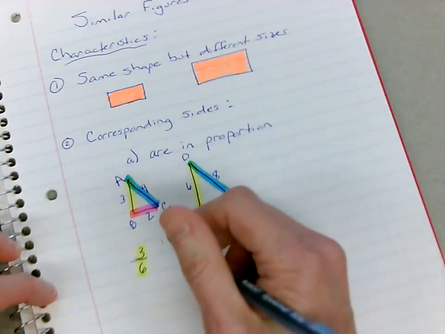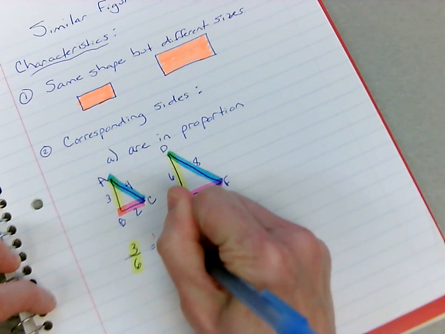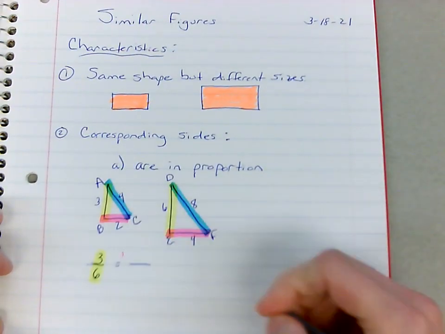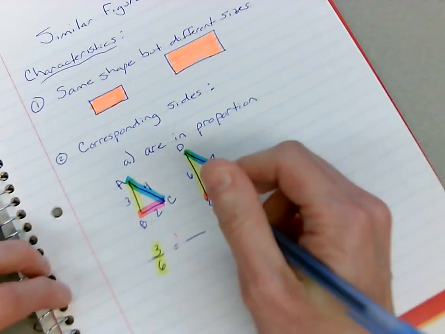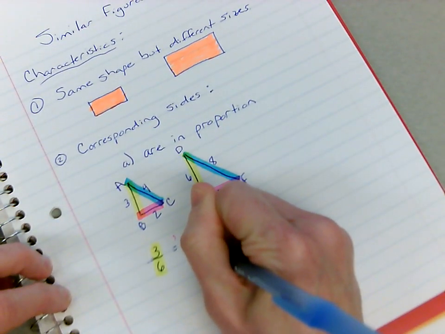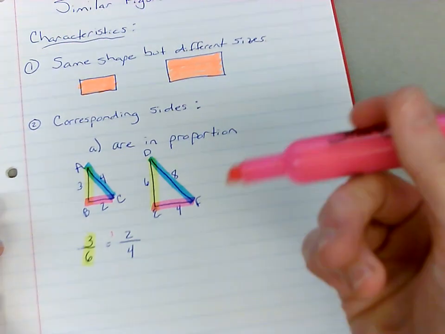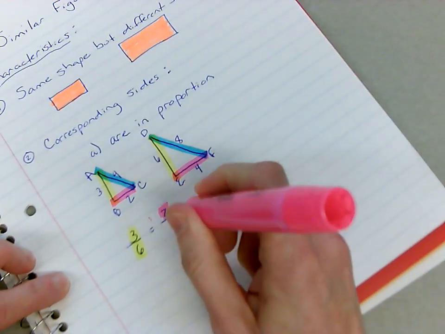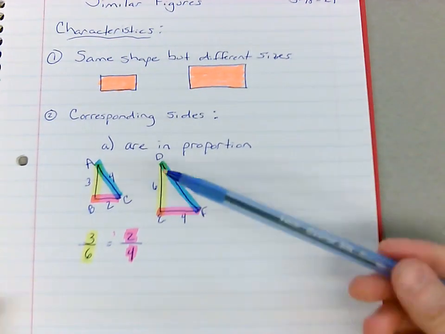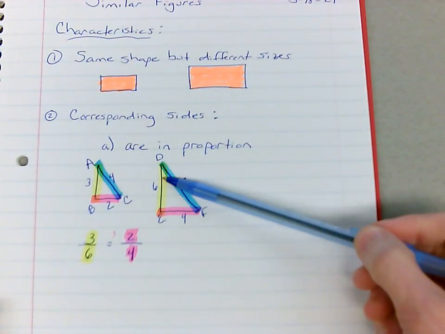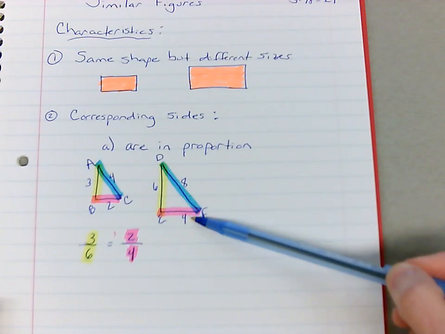And then let's say I set that proportion up to just another group of sides here on these triangles. So let's say 2 and 4. I'm going to highlight those pink. Okay, so it matches the picture. So 3 matches with 6, 2 matches with 4.